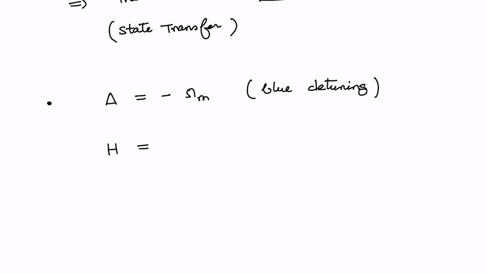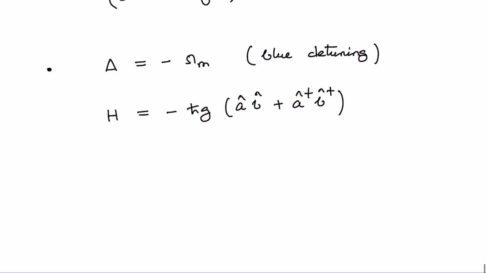You are going to get the Hamiltonian H equal to minus h bar g, ab plus a dagger b dagger. This is what you are going to get, and this Hamiltonian is called the squeezing Hamiltonian, and it will also be clear to you why it is said so.